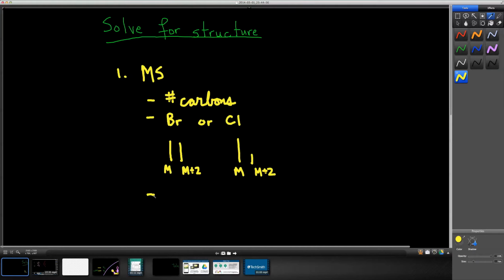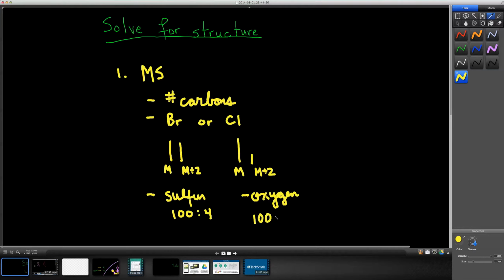We can also look for sulfur. That's going to be in a ratio of 100 to about 4. And of course, we can also look for oxygen. This is often very difficult to spot because the second peak is so small.